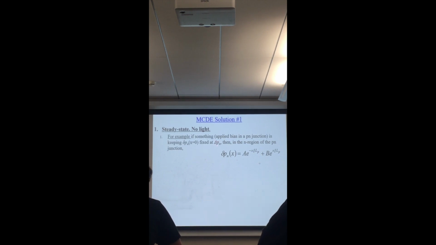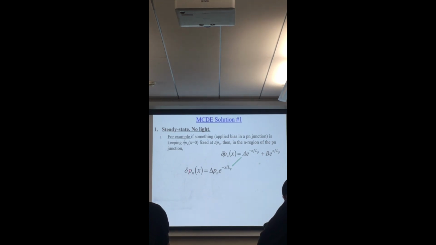And then in the n region of the p-n junction, let's write down the exact solution. We have the general solution, and then we need to apply the boundary condition to solve for A and B. When we apply the boundary condition, eventually we will get this solution here. I'll show you later how to solve it.